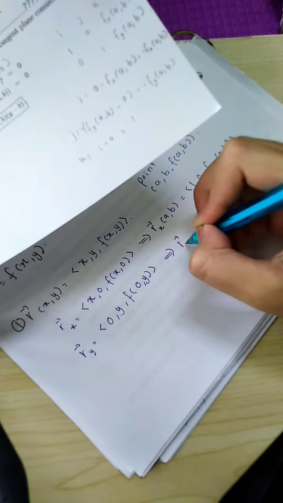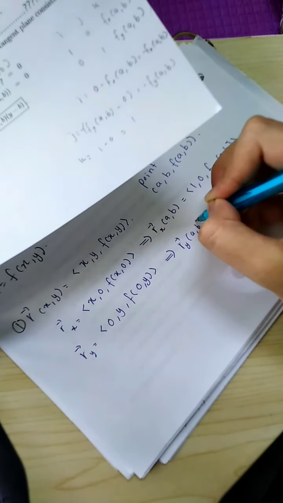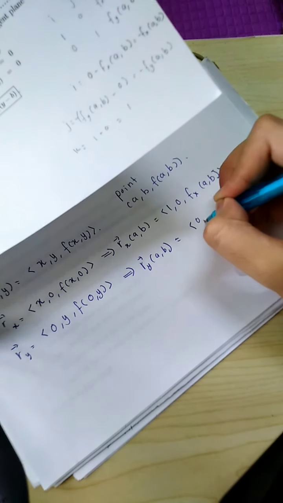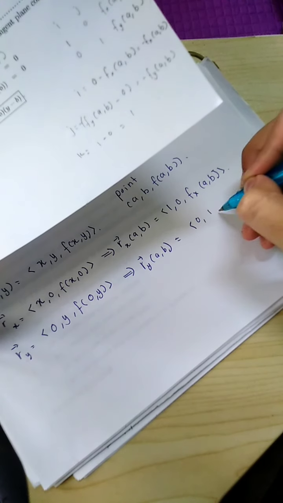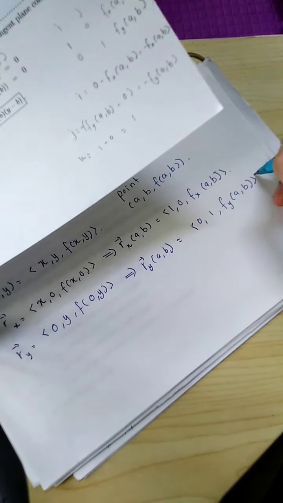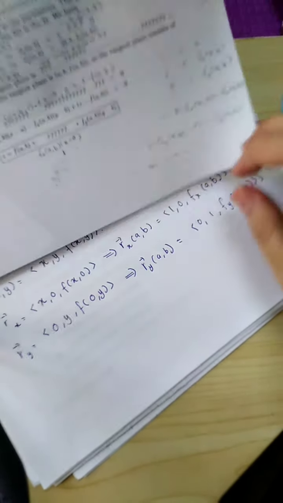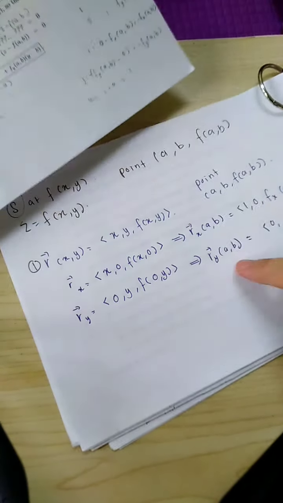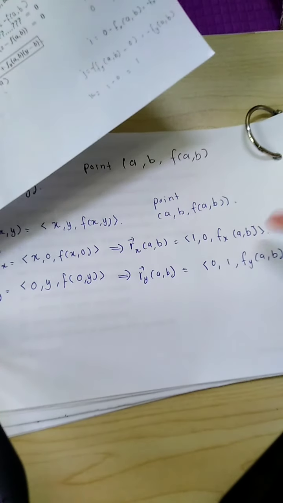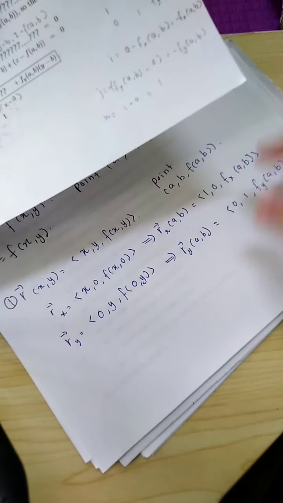So we will have 0, 1, and f y of a, b. Okay, so the normal vector of the tangent plane is the cross product between these two. So we do the cross product.